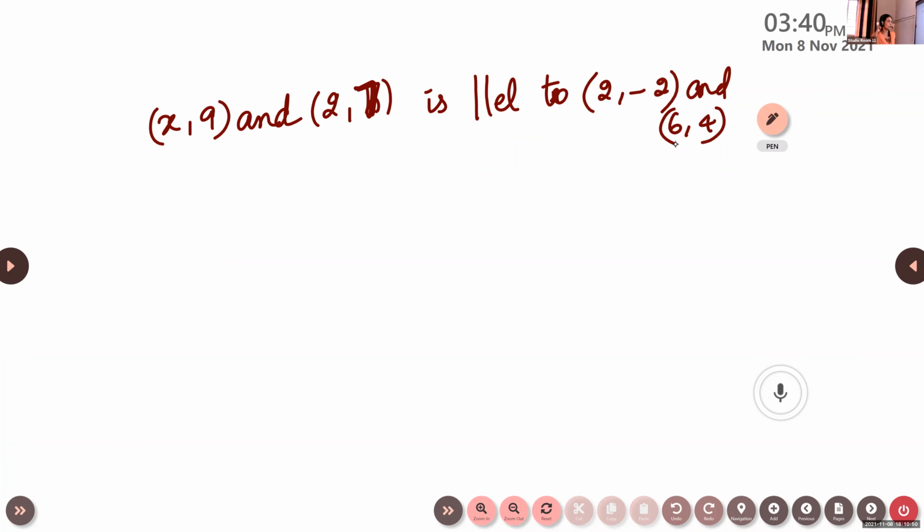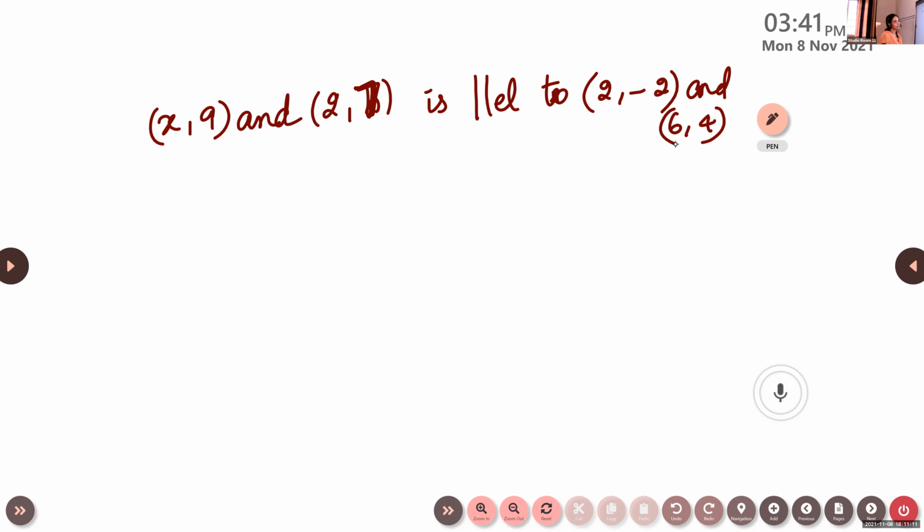Find the value of x if the line joining x comma 9 and 2 comma 7 is parallel to the line joining 2 comma minus 2 and 6 comma 4. Okay, not h, it's a mistake.